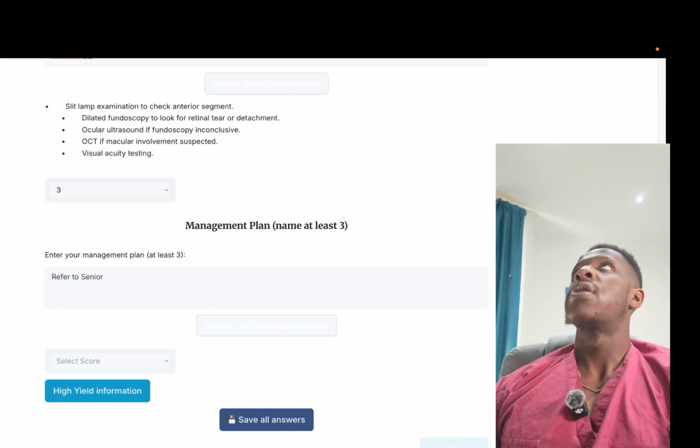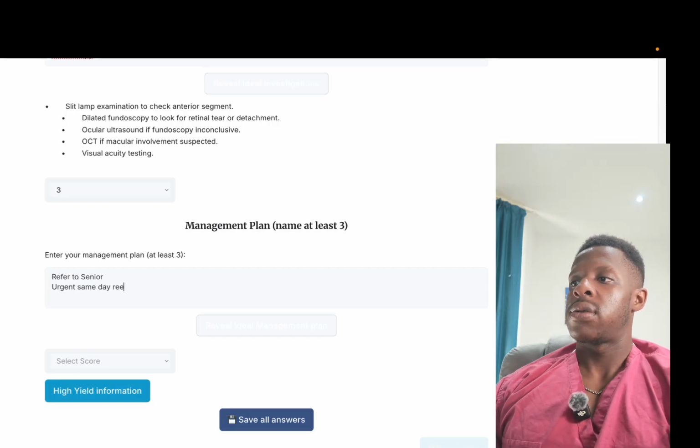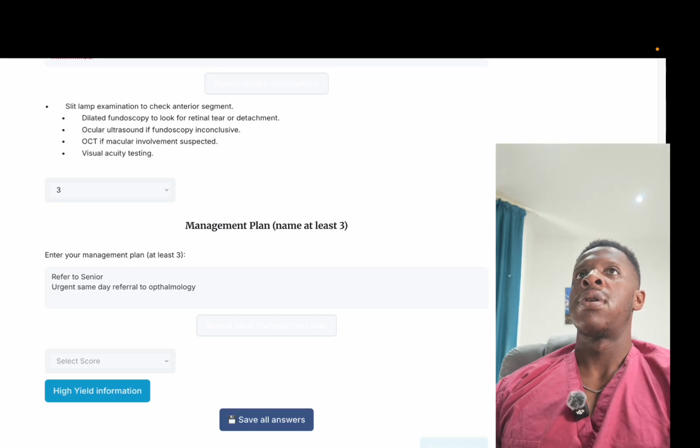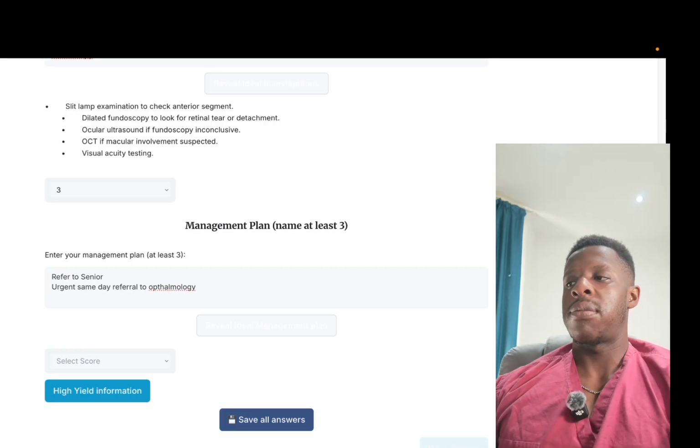Refer to senior. I believe it needs to be an urgent, same-day referral to ophthalmology. There are different managements. If I can think from memory, there's a gas bubble management where they inject something into the vitreous that pushes the retina back.